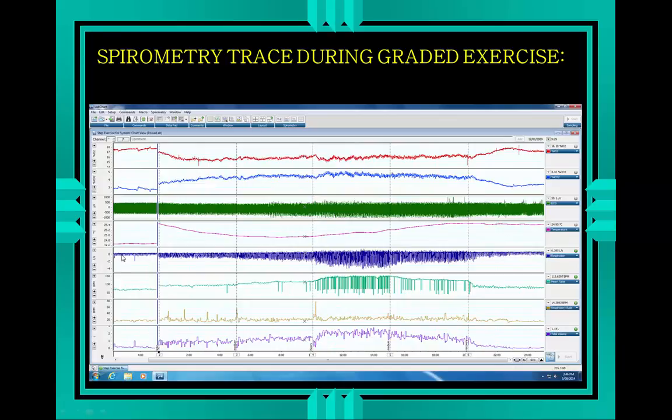The other thing we see is that if we ignore the initial increase in CO2 or decrease in oxygen, which I explained to you earlier, we get a relatively constant percentage of CO2 exhaled irrespective of changes in exercise.